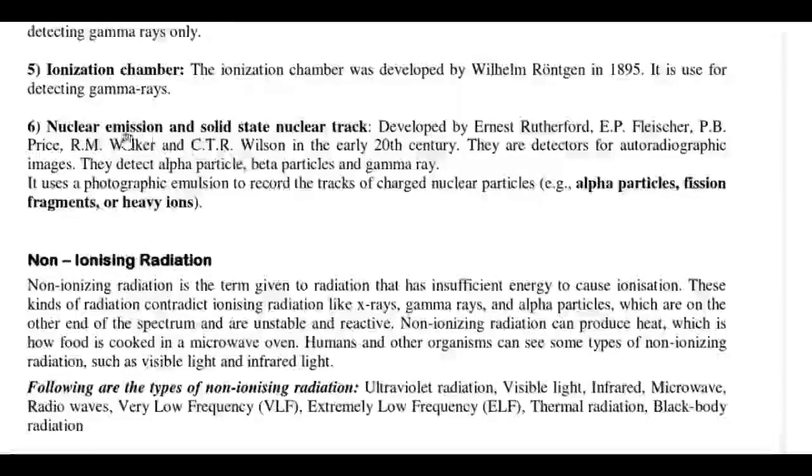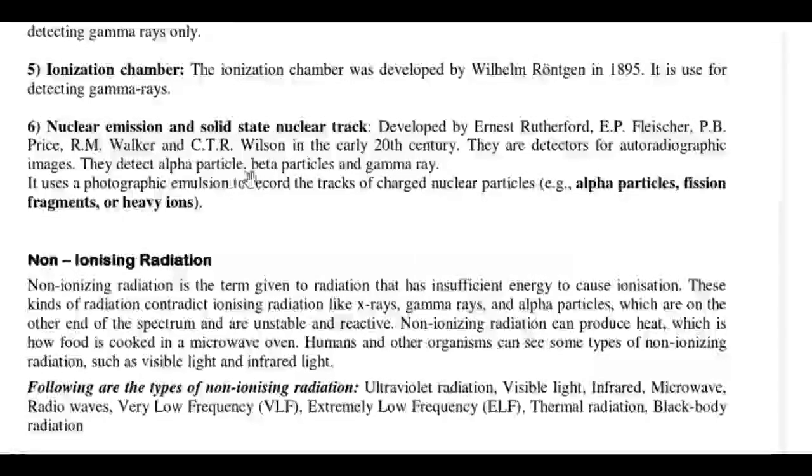Then we have the nuclear emulsion and solid state nuclear track detectors, developed by Ernest Rutherford, E.P. Fiester, P.B. Price, R.M. Walker, and C.T.R. Wilson in the early 20th century. They are detectors for autoradiographic images.